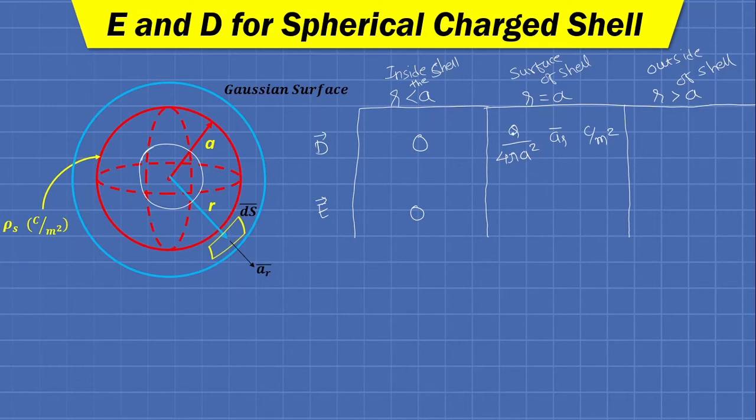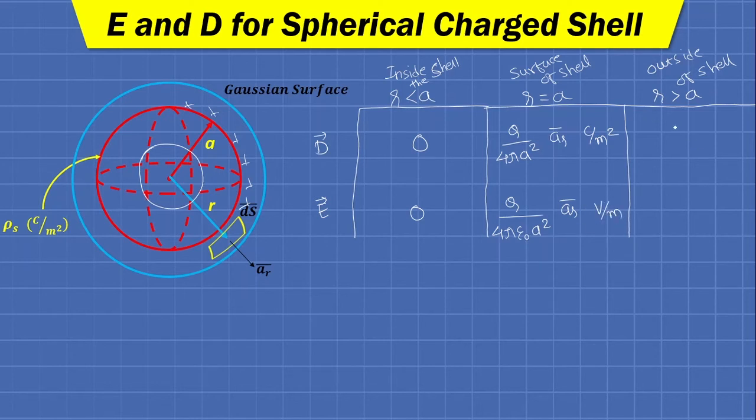Now here, as you can see, Q is a constant, that is the total charge spread on the surface. 4 pi is constant, here a is also constant because the radius of spherical shell is not going to change. Okay, so this is a constant value in the direction of radius. Similarly, E bar on the surface can be written as Q upon 4 pi epsilon naught a square ar bar. Here epsilon naught is also constant, so this term is also constant, it will not vary.